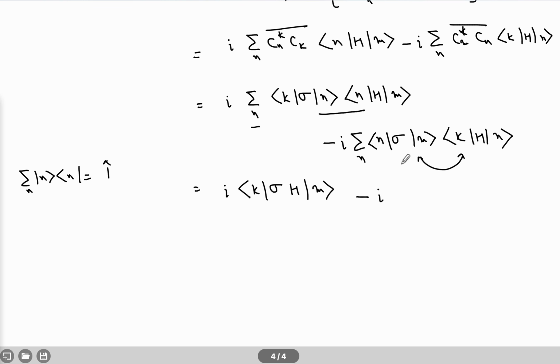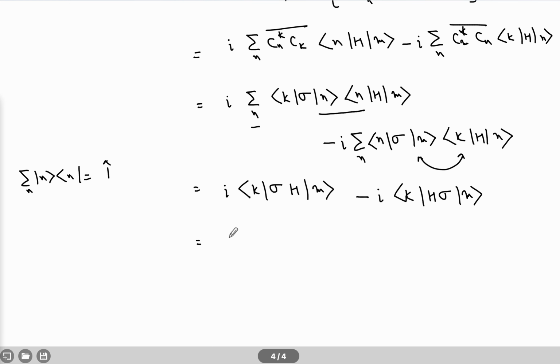And minus i, and over here I will have k h sigma m, right? So what I have done here is I have replaced the numbers. These two are just the matrix elements, so I can put them in a different order. If I write k h n followed by n sigma m, then n and n inner product along with sigma_n becomes the unity operator. So I'm left with this, right?